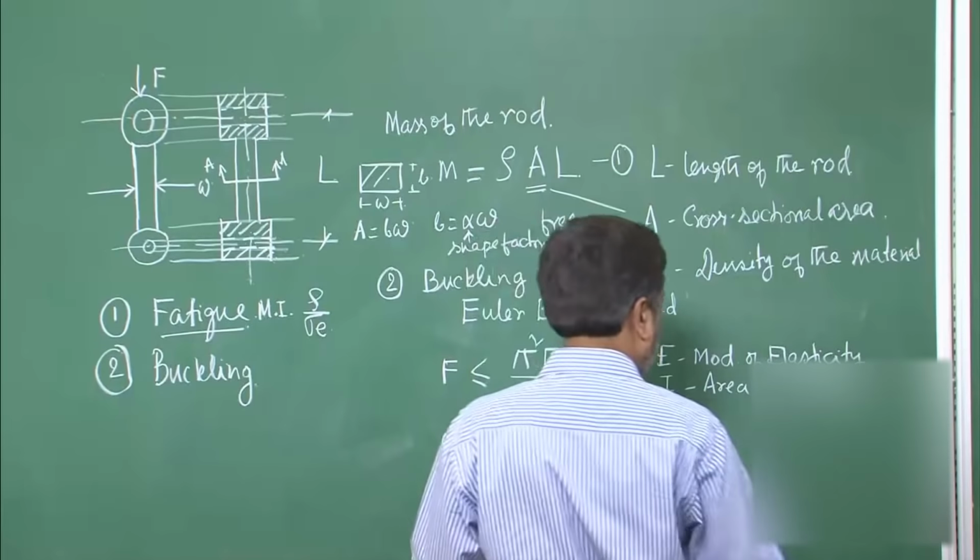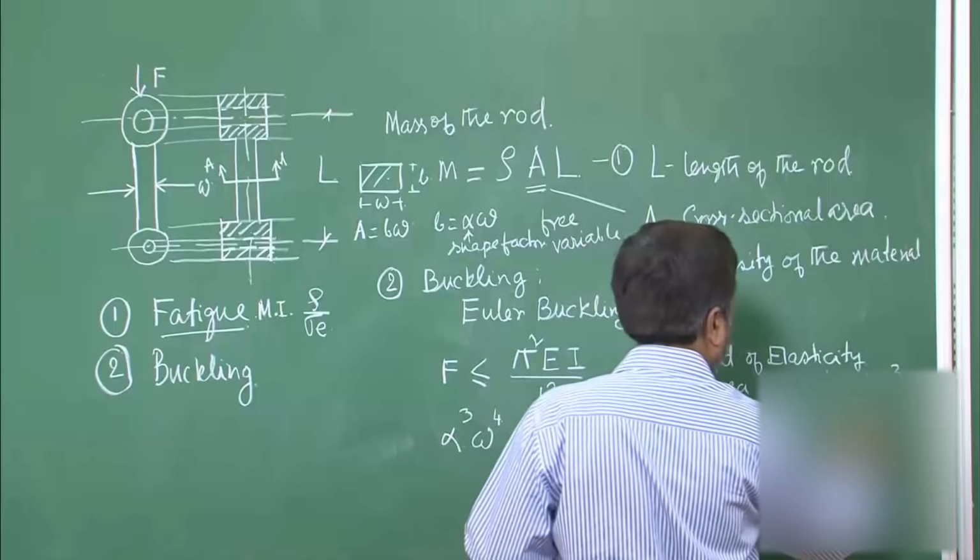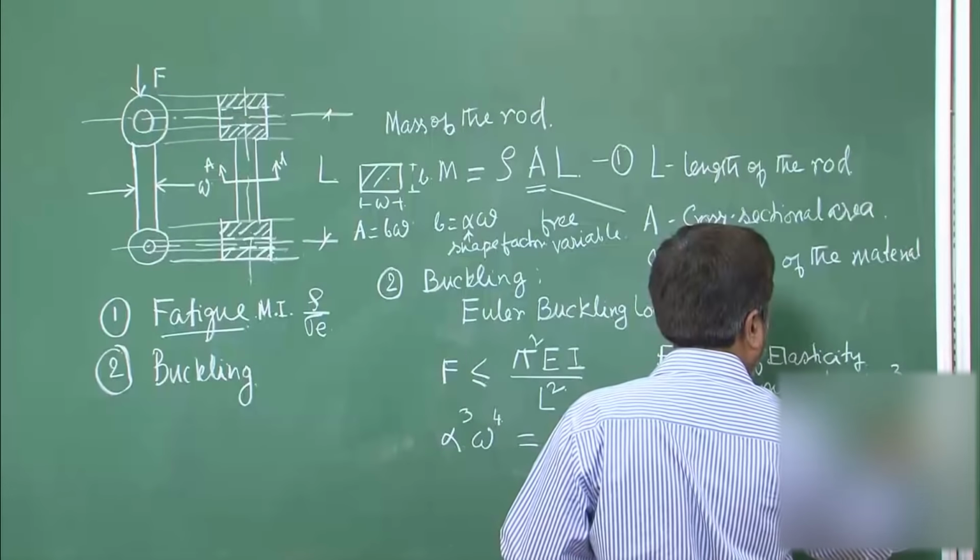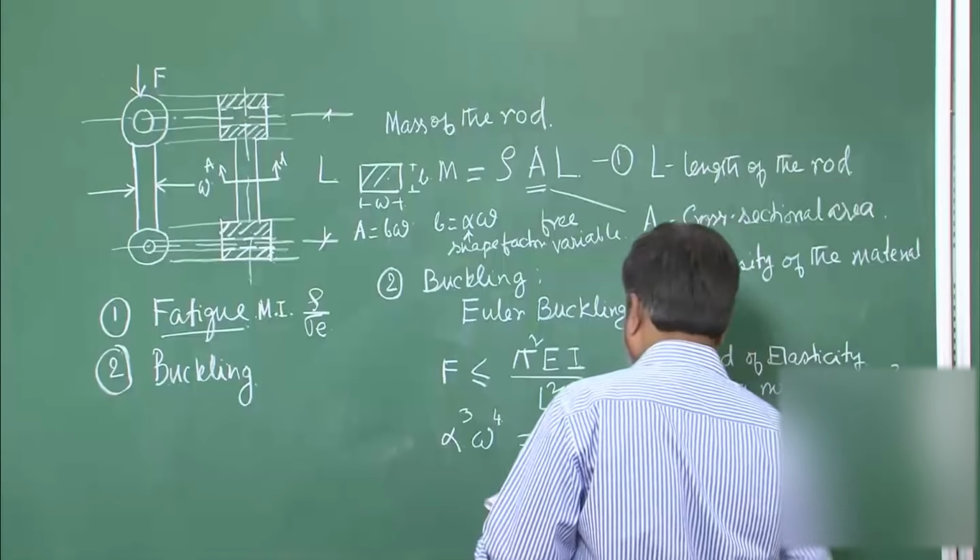So in fact you can also write it as 1/12 alpha W to the power 4.